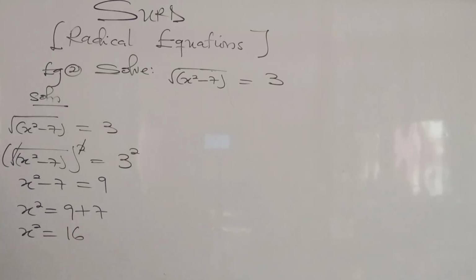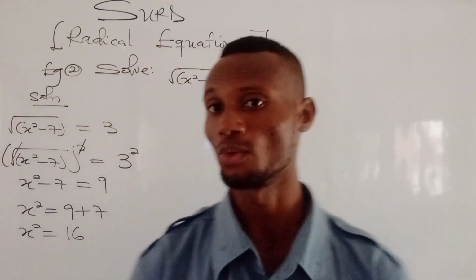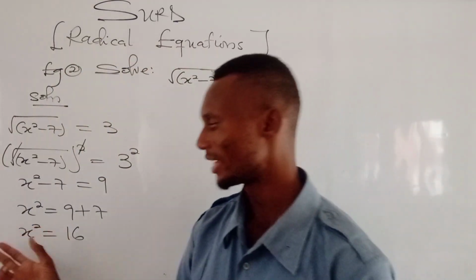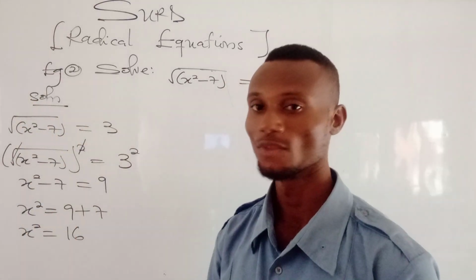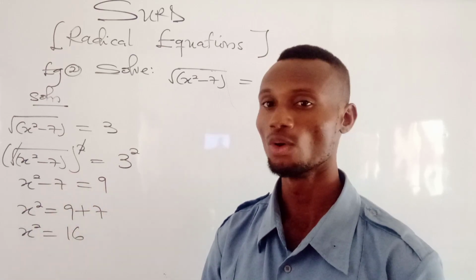Now we have to get the values for s, and actually you are going to get 2 values for s. Take note that with this kind of question, mostly you get 2 values for the unknown variable.